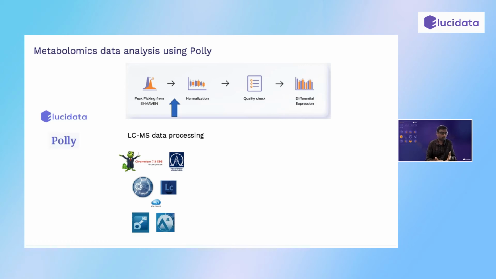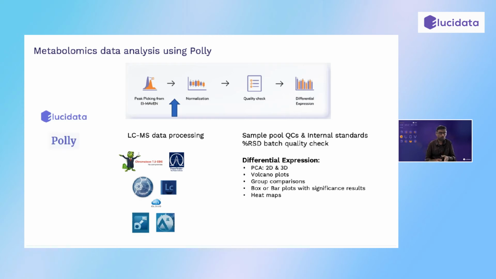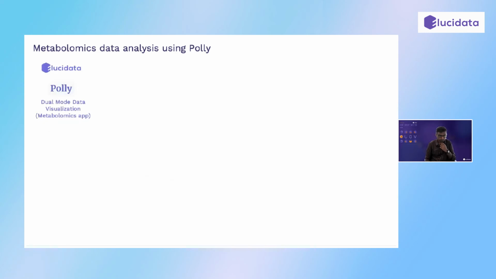After we get the LCMS data processing, we put it through various tools available in Polly to quickly get to the characterization or quality check for the batches, such as sample pool QC and internal standard quality checks, and quickly plot the data as differential expression using a variety of plots.